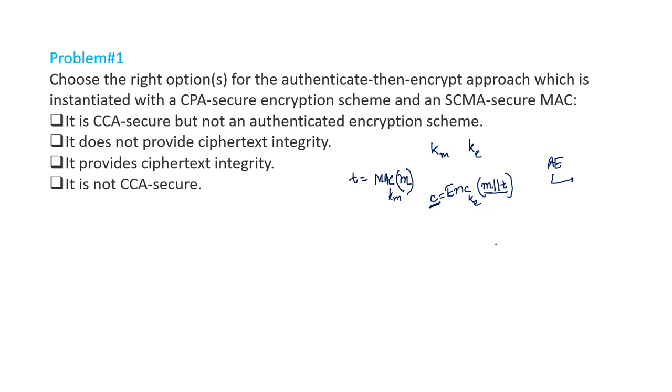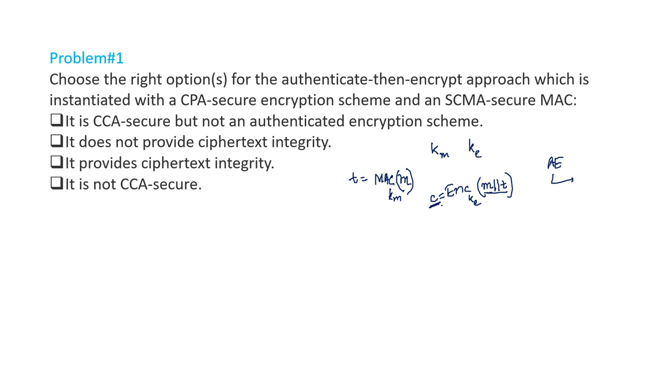For example, I think in the lecture it is given that for CBC mode of block cipher encryption, it is CPA secure, of course, but by exploiting the padding oracle, you can actually learn the underlying message.